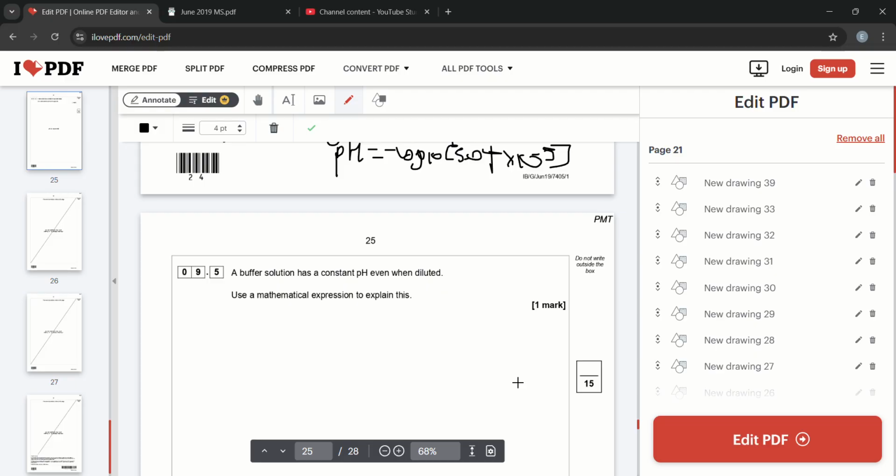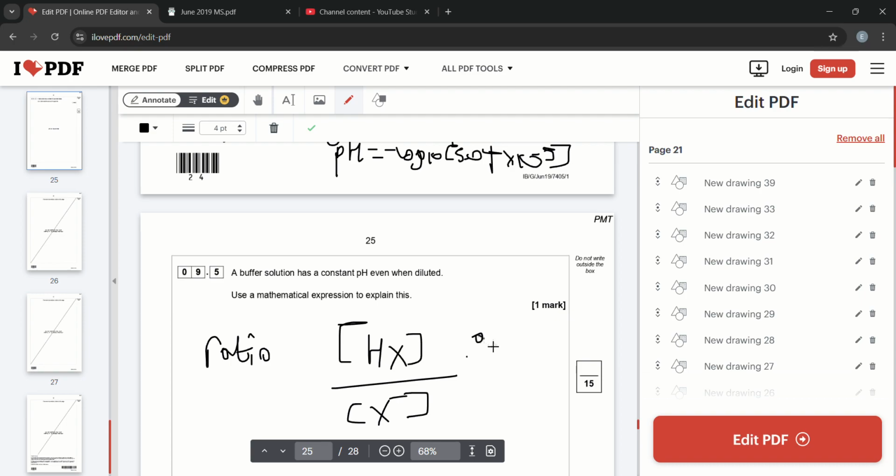And the final question, 9.5: a buffer solution has a constant pH even when diluted. Use a mathematical expression to explain this. Well, it's going to be the ratio [HX] divided by [X minus], and this is almost constant.